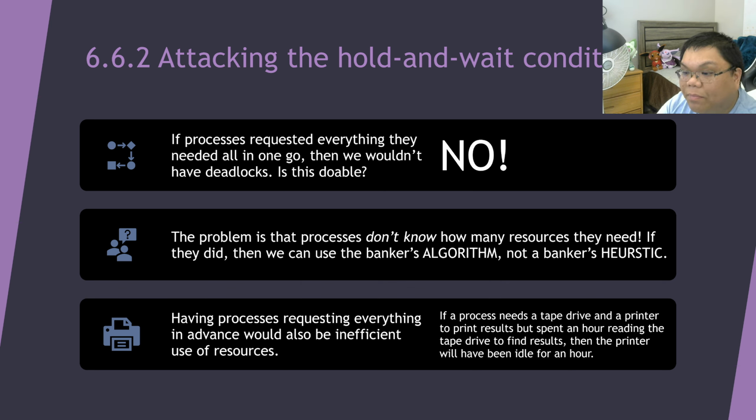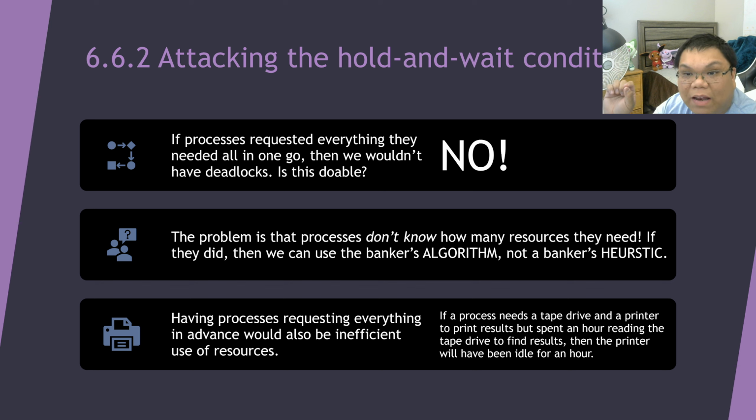And here's the other problem. If processes request everything they need all in one go, it might be an inefficient use of resources. For example, if a process needs a tape drive and a printer to print results, what if that process took 1 hour to find the information it needed on that tape drive?